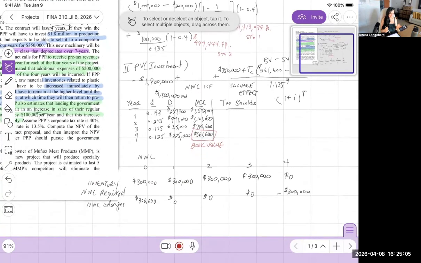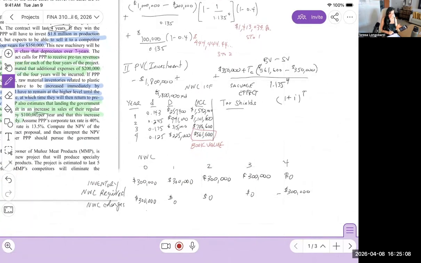All right, so then I'm going to net working capital changes and net working capital investment cash flows. So net working capital investment cash flows. Now, if you know what you're doing, you don't have to do the 3 steps. But if you don't know what you're doing, I recommend you still do all these steps.